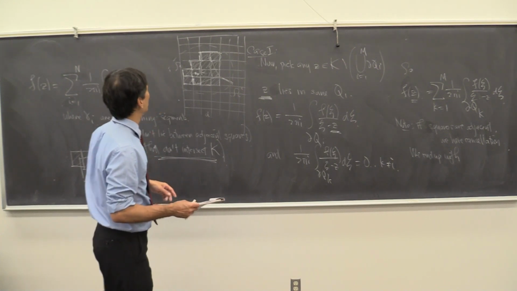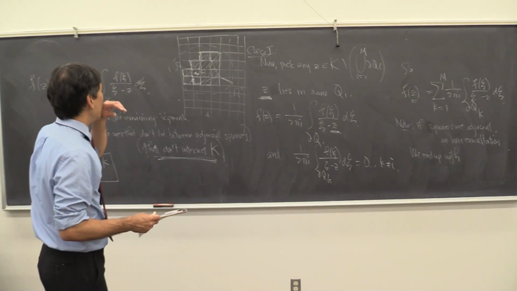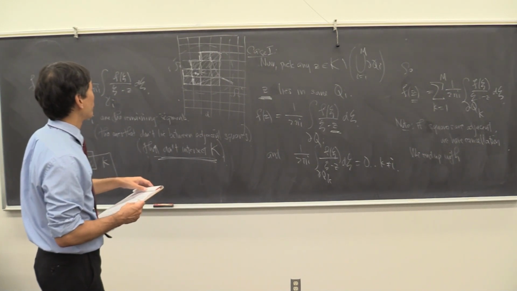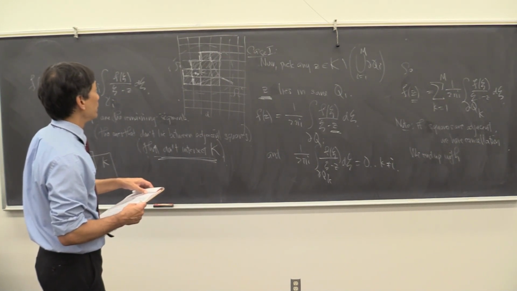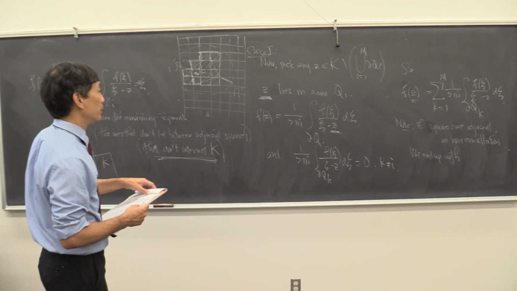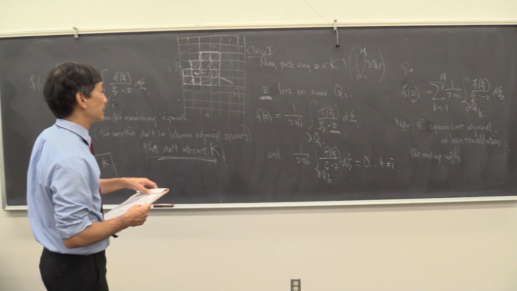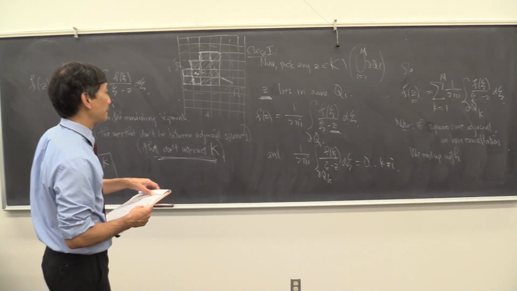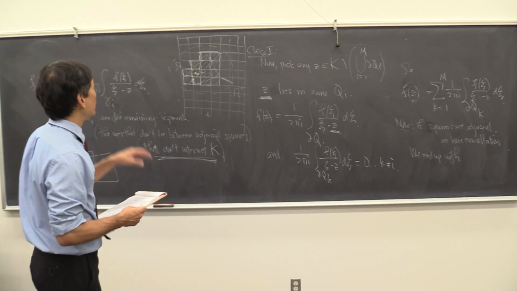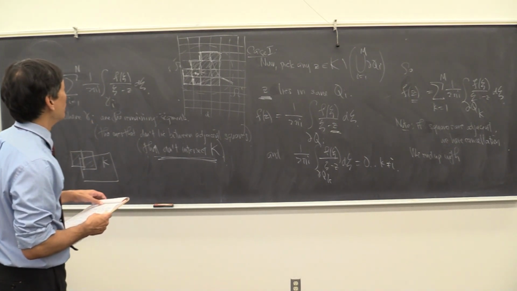So take the union of all the squares, look at their boundary, integrate over that, and use the Cauchy integral formula. Let me think.